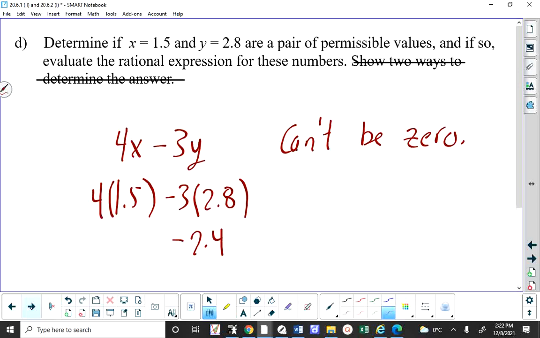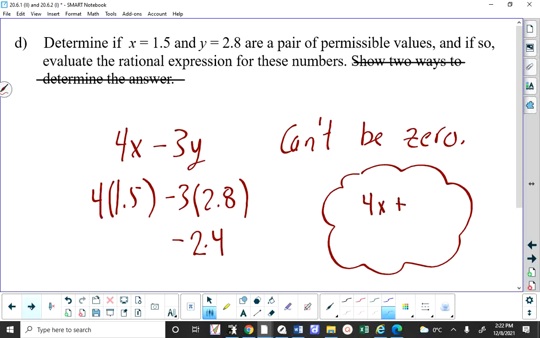So now you're asked to evaluate this expression. But remember, everybody, the expression simplified to, I believe, (4x plus 3y) over 2, didn't it? Well, let's just put the x and y in there. The other stuff cancels. So we just have to figure out what this is.